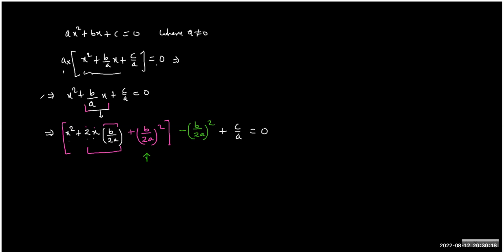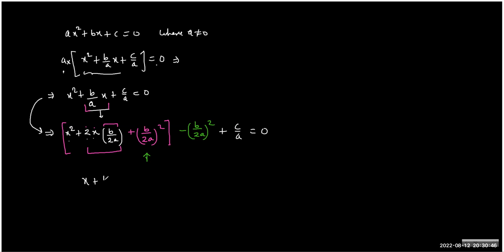So from here to here, we have done a lot of manipulation, but have we disturbed the entire term? No. Both are the same, but there is a benefit. Now the term in the bracket is a perfect square. What can we write that term as? x plus b by 2a whole square.